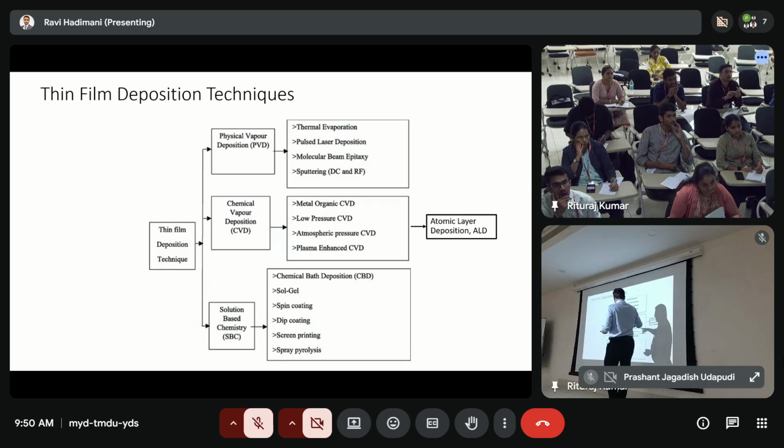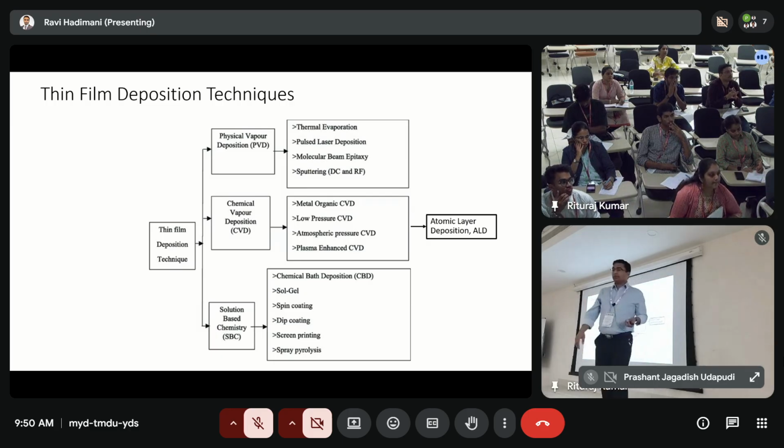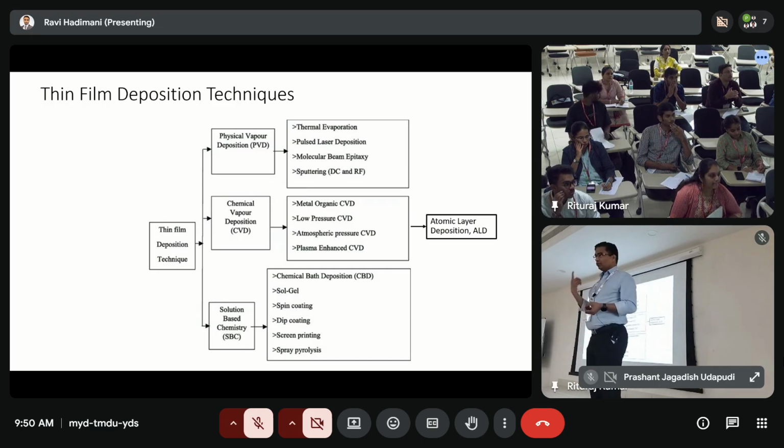Okay, and then you need good vacuum. I mean, all of these, especially these, need very high vacuum. We're talking in terms of 10 to the power minus 6 torr. Is 750 torr 1 atmospheric pressure? I'm confused.